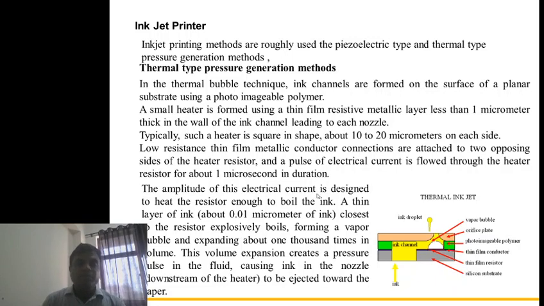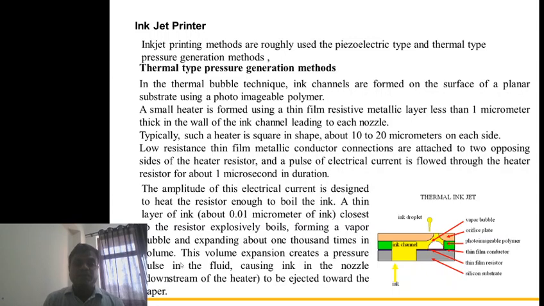The amplitude of the current is designed to heat the resistor enough to boil the ink in the ink channel. A thin layer of ink, about 0.01 micrometer from the resistor, explosively boils, forming a vapor bubble and expanding about 1000 times in volume.